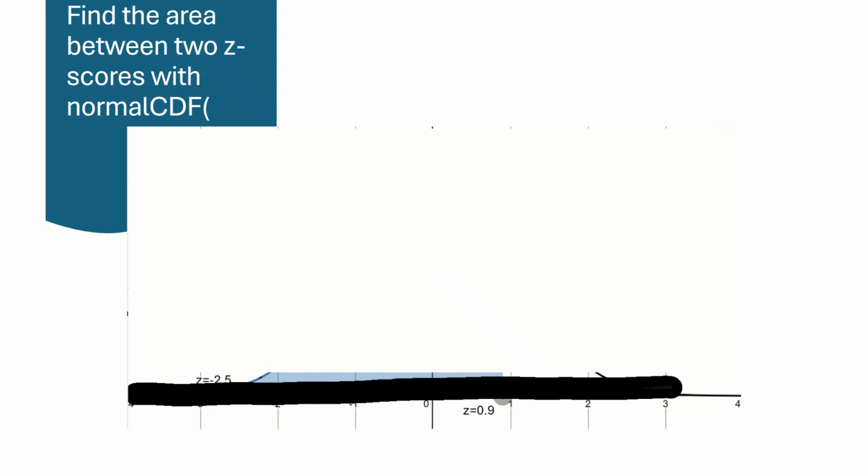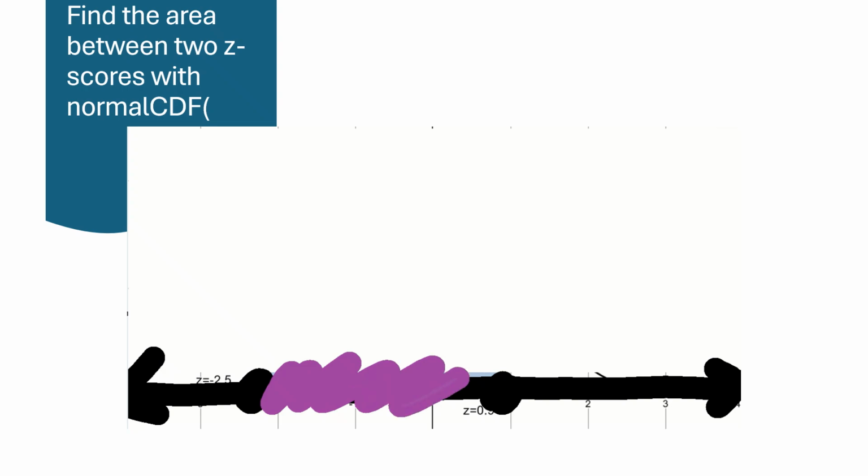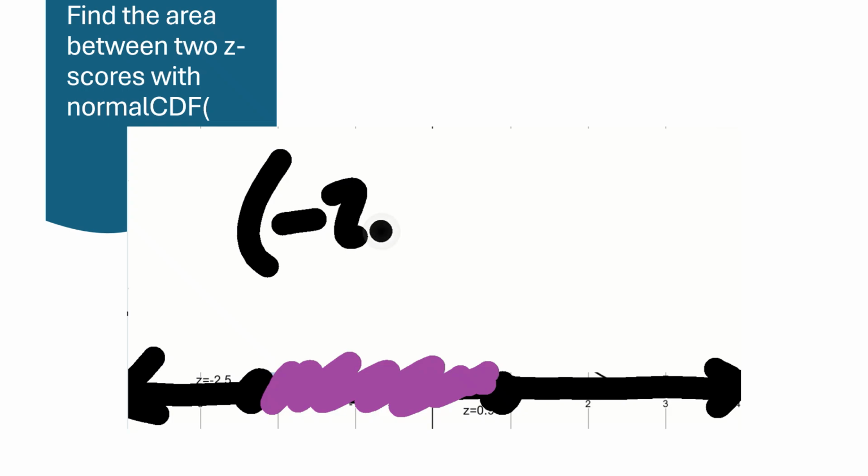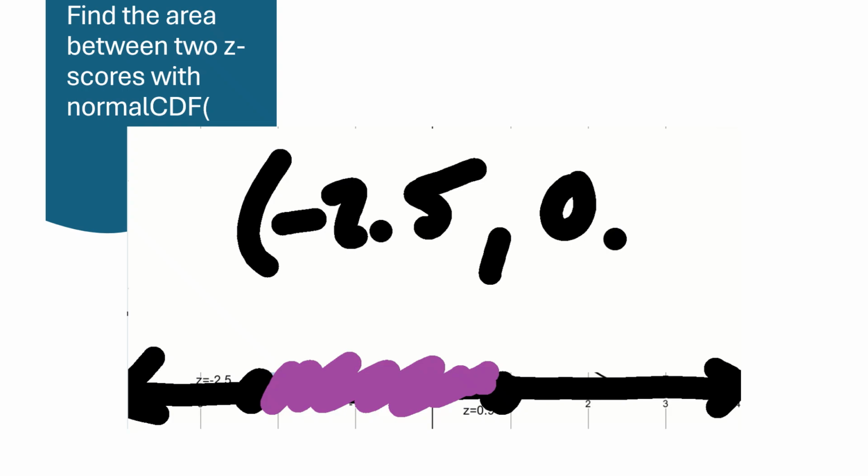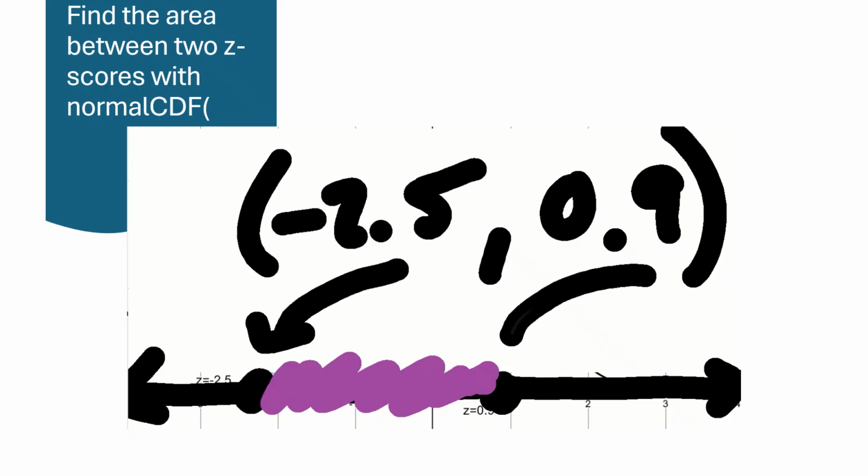And then we're really just working with something like, okay, there's our x-axis right there. Then you had this point right here, and this point right here, and it's your job to find the shaded region and write this in interval notation. You'd say, okay, that's negative 2.5, and it goes all the way to 0.9, and that's my interval notation, because this is the thing on the left and this is the thing on the right.